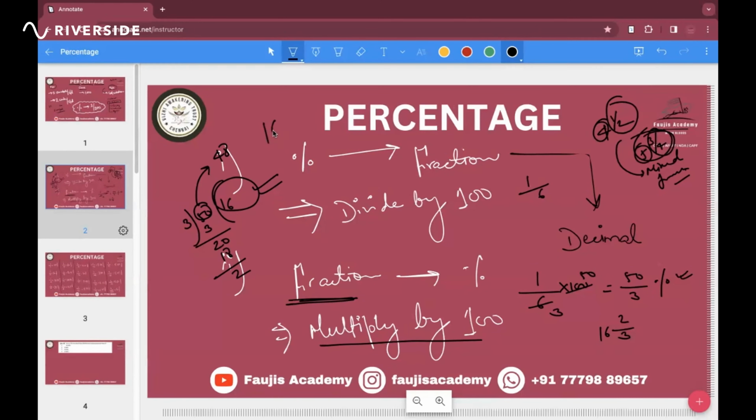So the 16 whole number is there, but we have some part of it remaining. Some remainder is there. The remainder is what? 2. We write it on the numerator, and then this part, we write it here like this. Understood? Got it? Cool. Anybody any issue?